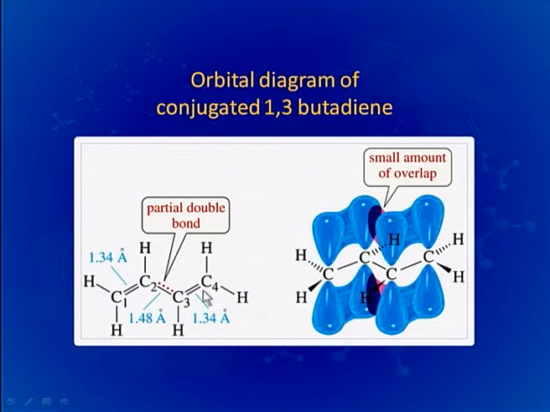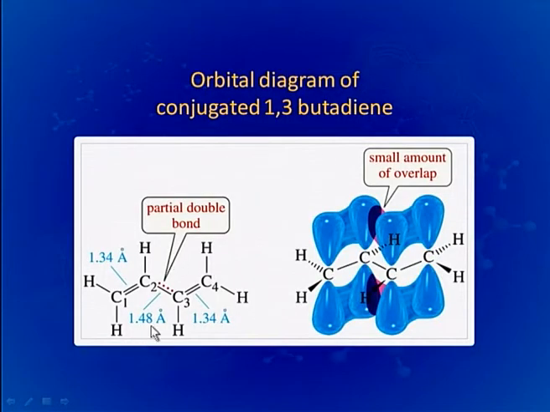In the case of C3 and C4, here also due to sidewise overlap, a pi bond is formed and therefore the second carbon-carbon double bond is here. But here it is observed that C2-C3 does not remain a true carbon-carbon single bond.